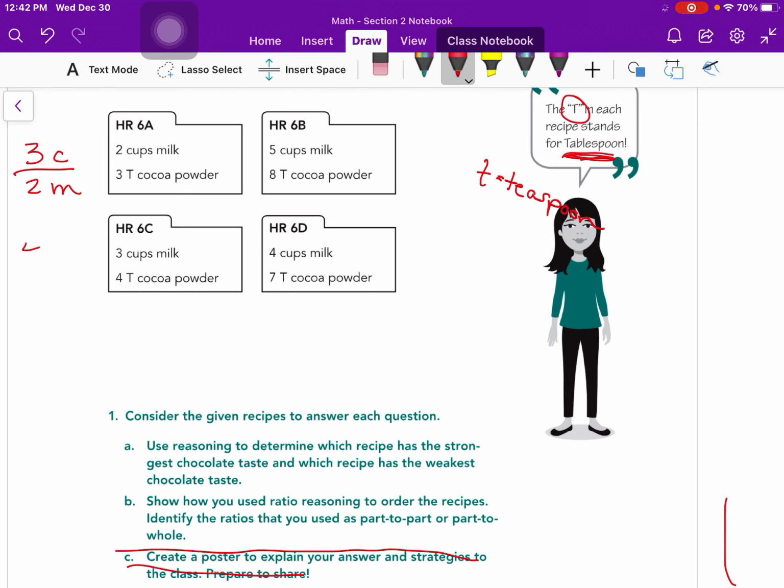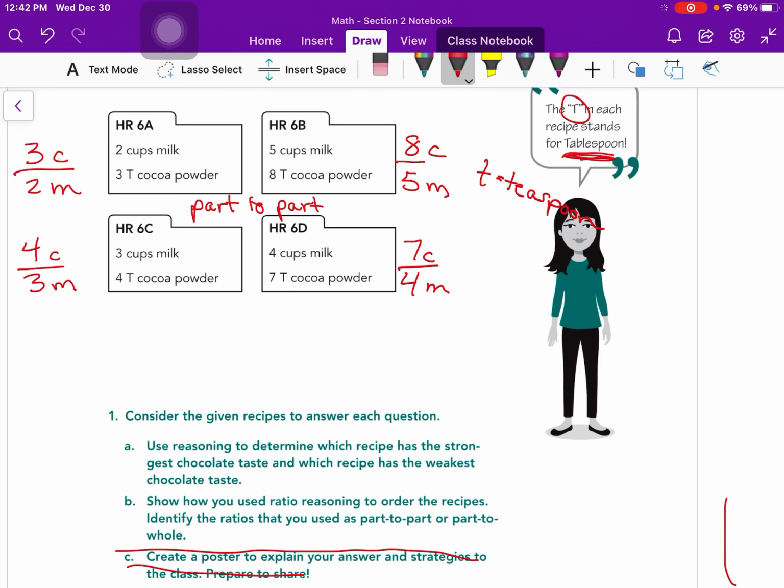This one right below it, we've got 4 cocoa to 3 milk. On the other side here, we've got 8 cocoa to 5 milk. And we've got 7 cocoa to 4 milk. We have ratios there. All those ratios are part to part because we want to compare the cocoa to the milk.